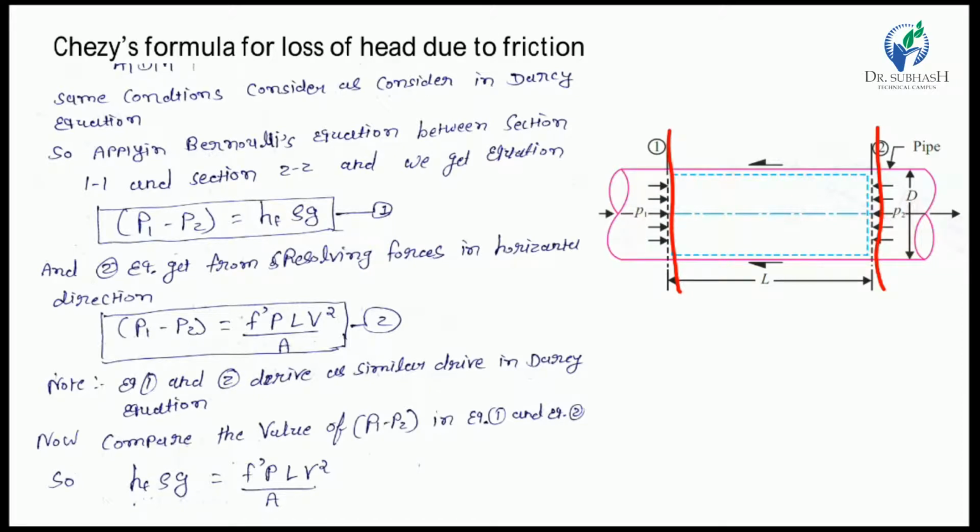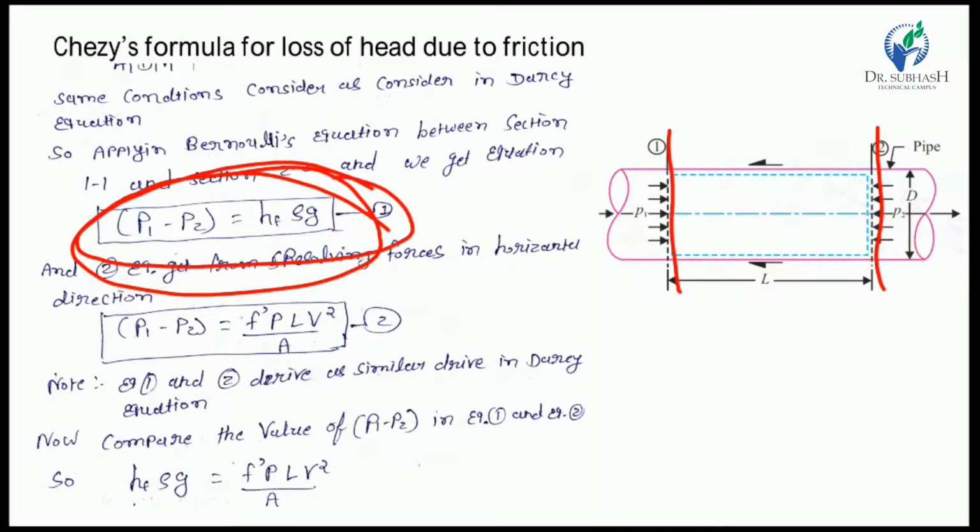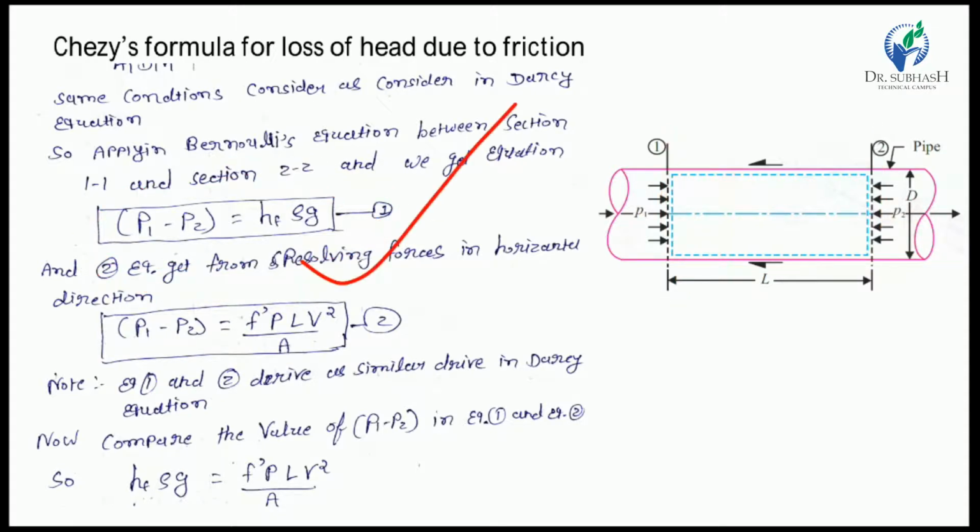Earlier we discussed the Bernoulli equation, and we get the equation for pressure difference P1 minus P2 is equal to HF rho g by applying Bernoulli's equation at section 1 and section 2. We do not discuss further; we found this equation earlier in Darcy-Weisbach.